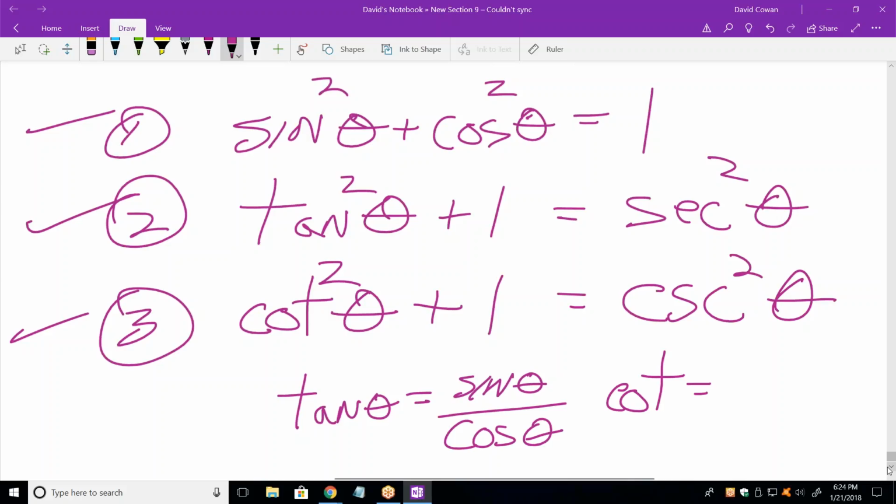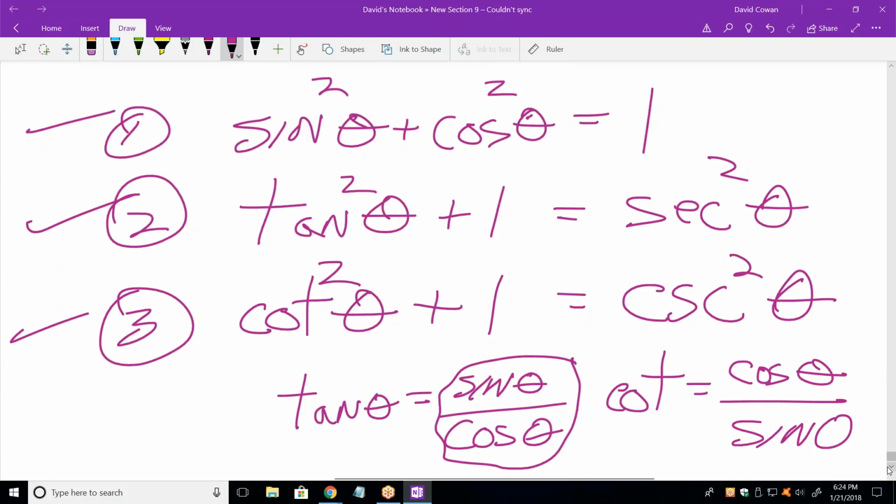It's the reciprocal of tangent, so just flip that. Which makes it cosine over sine. So you don't have to memorize this one either. You just have to memorize that one.